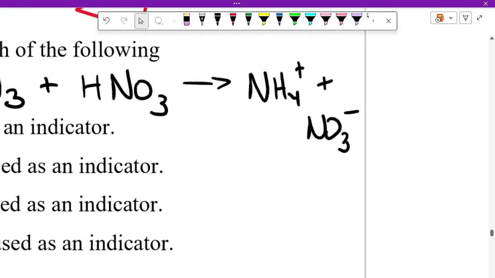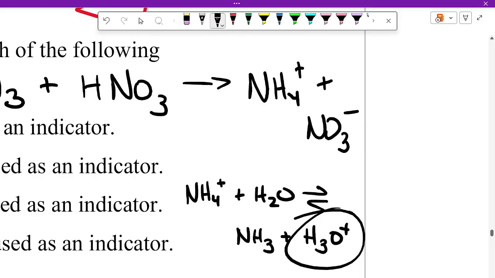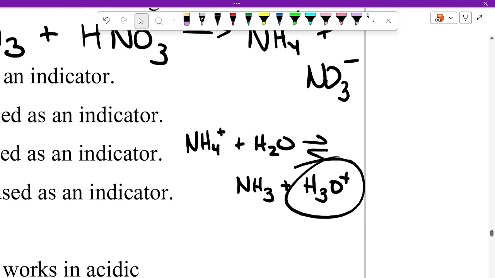So which one of those two things makes the solution acidic? NH4 plus. So NH4 plus will do what? Hydrolyze. And you will end up getting NH3 plus H3O plus, and it is that hydronium that makes it acidic at the equivalence point.